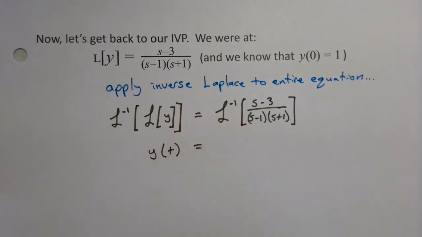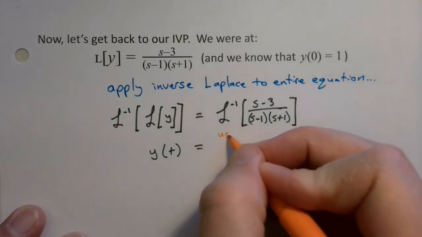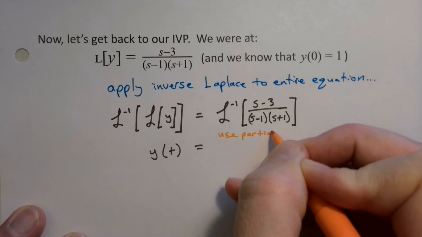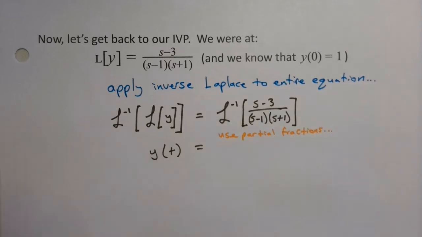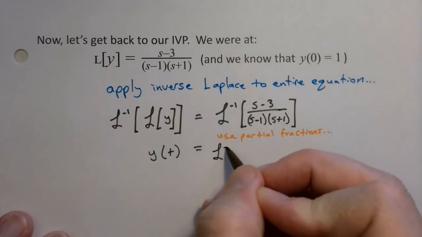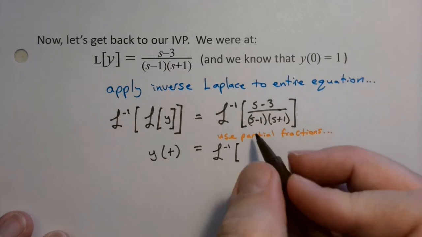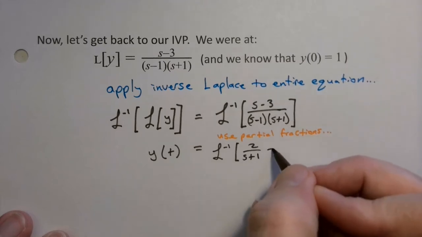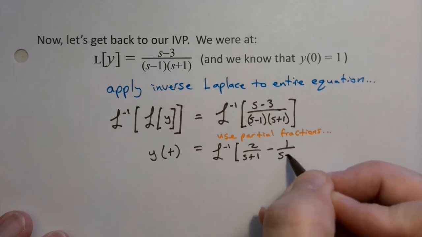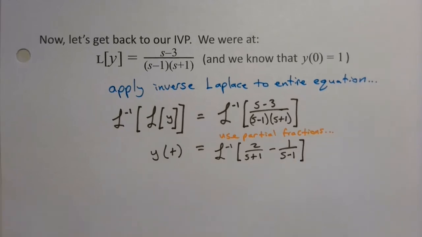The right-hand side, I have to use a little bit of fancy footwork, and so I'm going to use partial fractions in Maple. And when I do that, I'm talking about finding the inverse Laplace of 2 over s plus 1 minus 1 over s minus 1. And again, you don't have to take my word for it.